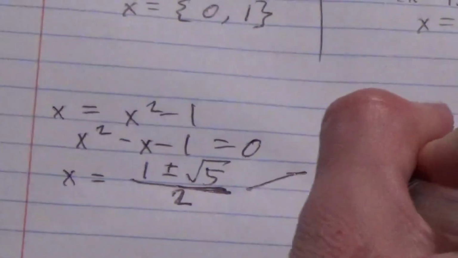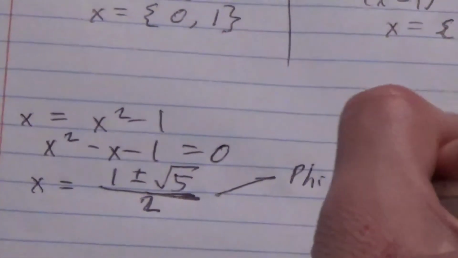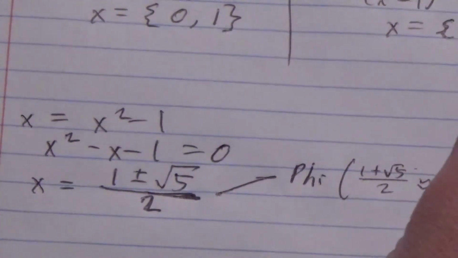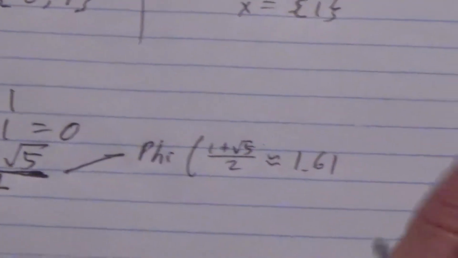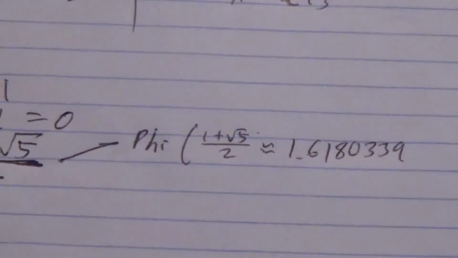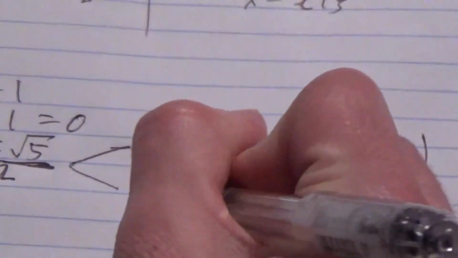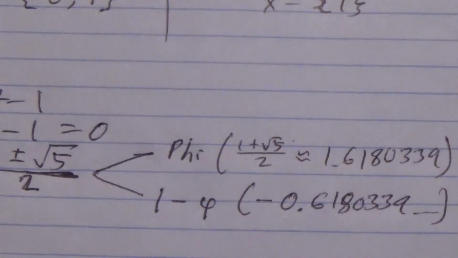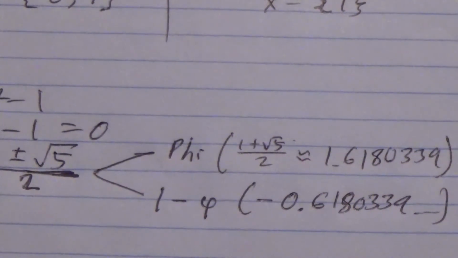It gives rise to phi, which is 1 plus the square root of 5 all over 2, about 1.618. I hope you can read that. 0.339, and of course it is an irrational constant. And we also get, as another solution, 1 minus phi. So about negative 0.618, 0.339, etc.